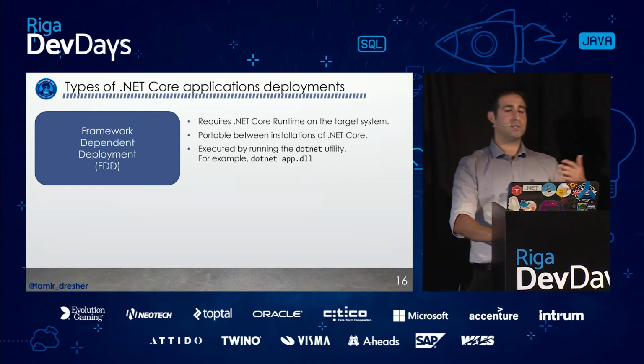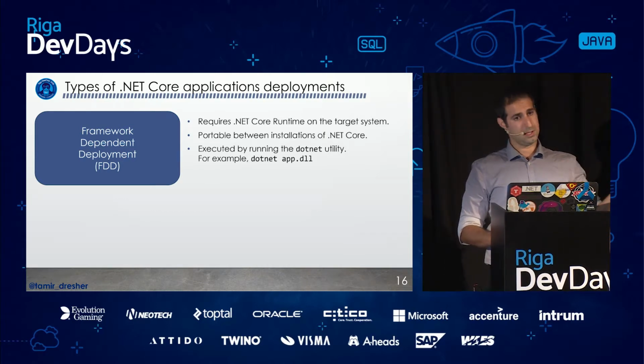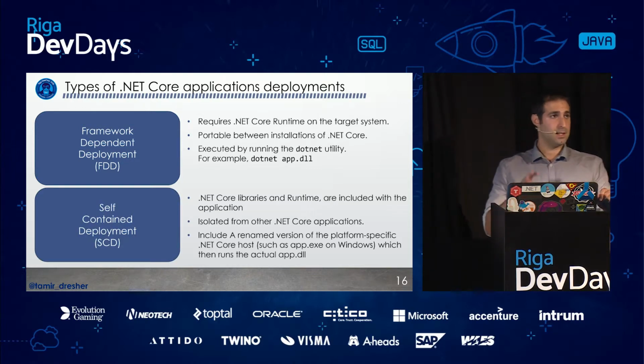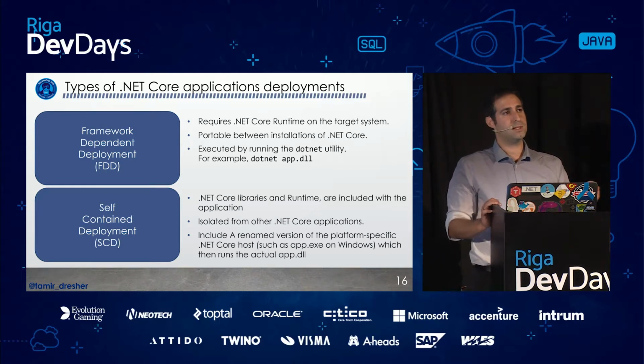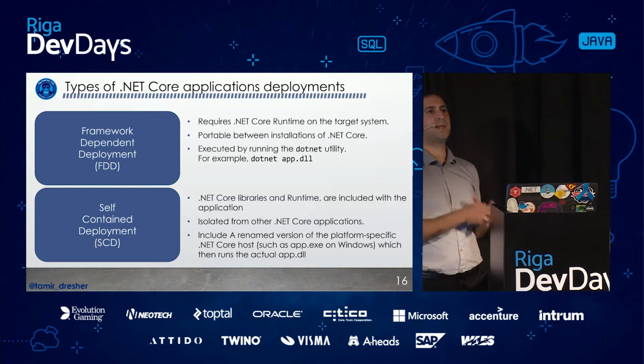But it will give me the possibility to get a thin deployment and distribute it to whatever platform I want. The second deployment option that you have is the self-contained deployment, which means that I want to embed the .NET Core runtime together with my application.